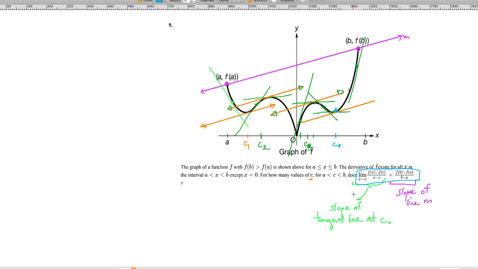The left-hand side is the slope of the tangent line at C. This is one way to define the derivative at C. The other way would be the limit as h goes to 0 of f of c plus h minus f of c over h, which is another way to define the slope of the tangent line at C. So these two things actually are the same thing.